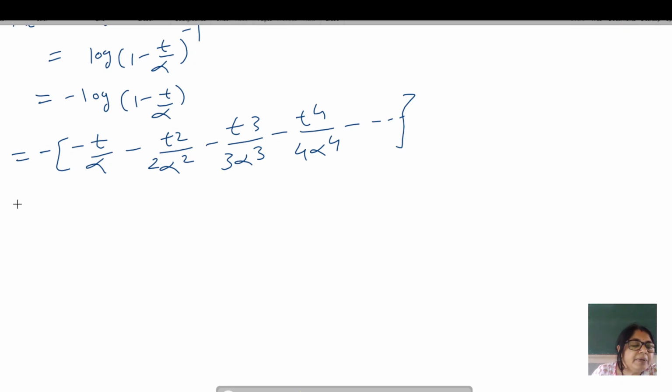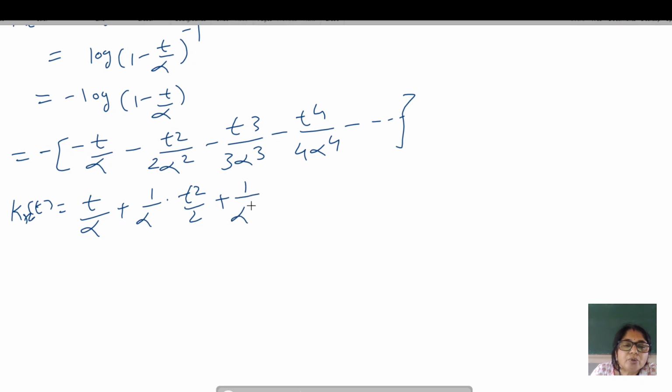Kx of t is equal to t by alpha plus 1 by alpha square into t square by 2 plus 1 by alpha cube into t cube by 3, plus 1 by 4 alpha to the power 4 into t to the power 4, and so on, right?